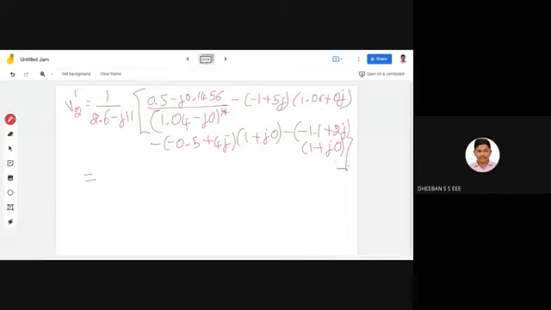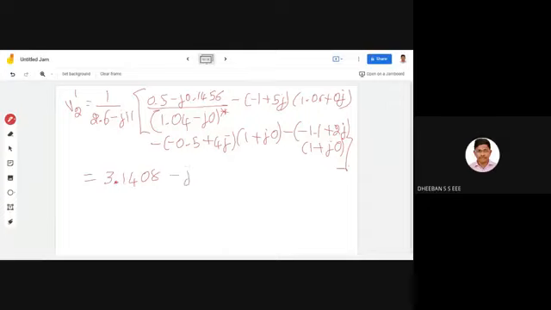So you just try to solve, you will be getting around, so okay, I'll be just writing the equation, you'll be getting around 3.1408. So you just solve it by yourself.